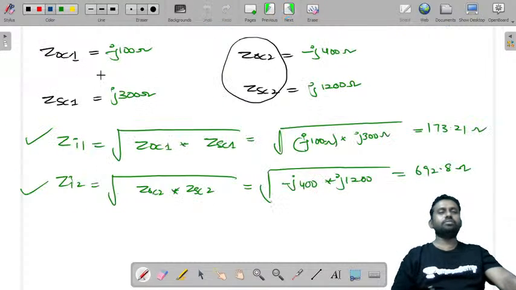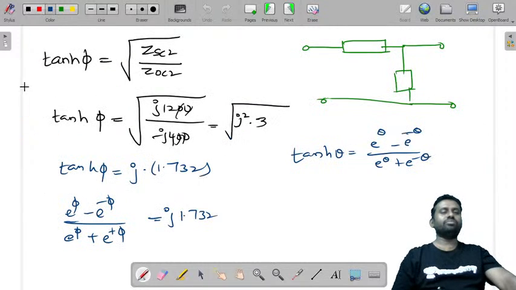When you do that, you have got values of ZOC1, ZSC1, ZOC2 and ZSC2. Then you can find Zi1 and Zi2. Then you have written the expression for this, j 300 ohms and minus j 400 ohms, Zi2 and Zi1.